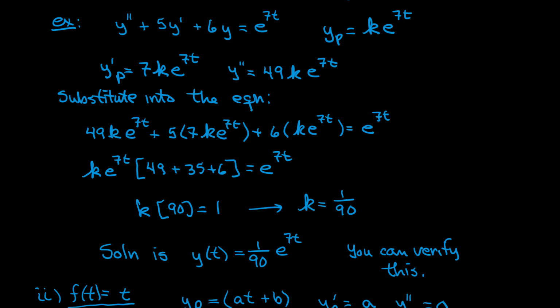When we substitute in the y prime and y double prime, we're going to get 49k e to the 7t plus the 5, which is the coefficient from y prime, times the derivative of our proposed solution, plus 6, the coefficient of y, times our proposed solution equals e to the 7t.